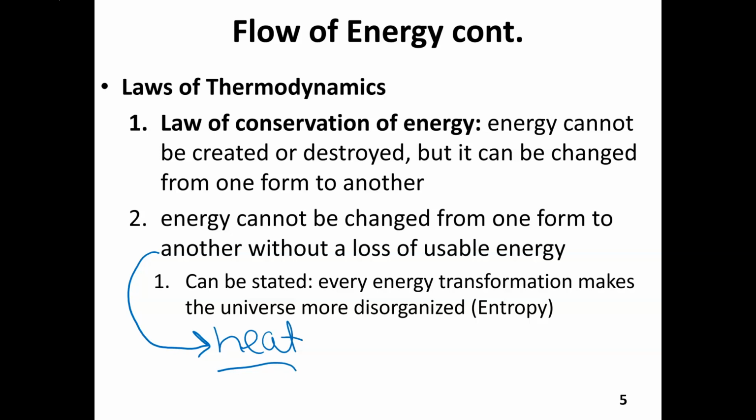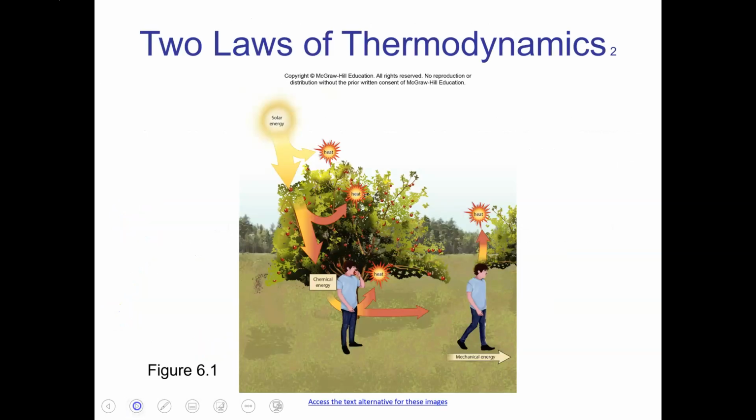Another way to describe the second law is that every energy transformation makes the universe more disorganized. What that means is entropy. Entropy is the amount of disorganization that we see in the universe. Anytime we convert energy from one form to another, we increase the disorganization, or the entropy, of the environment.